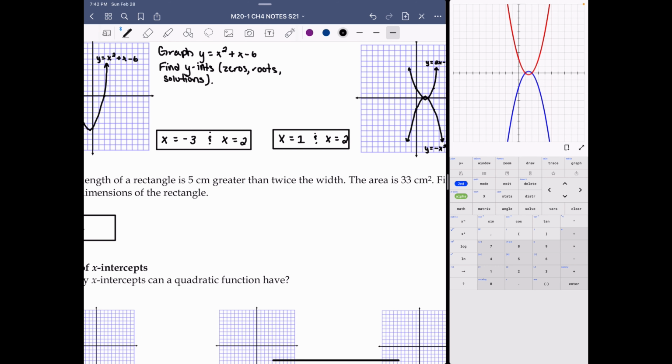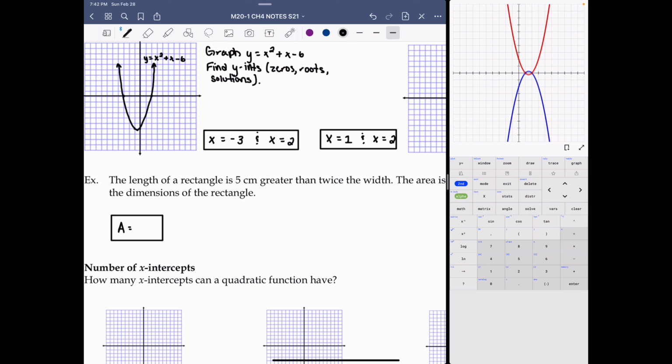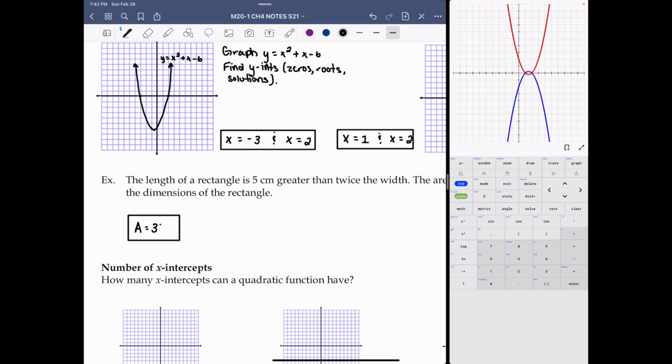It says the area is 33 centimeters squared, so A equals 33 centimeters squared. The length of a rectangle is 5 centimeters greater than twice the width. So width, and then the length equals 5 centimeters greater.